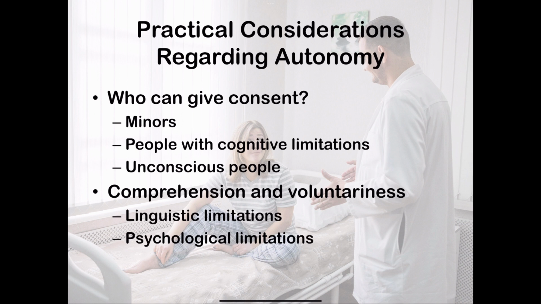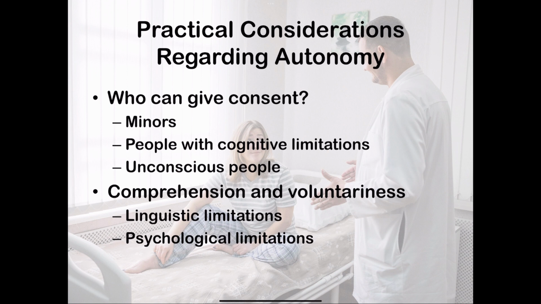As we said before, autonomy requires a person to be able to analyze the consequences of their actions and make decisions based on this analysis. In order to be able to make a decision this way and follow through with it, a certain level of psychological development is required.